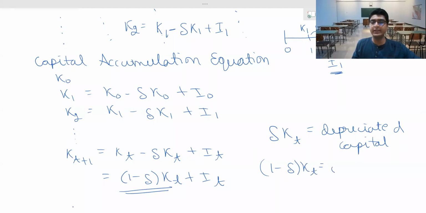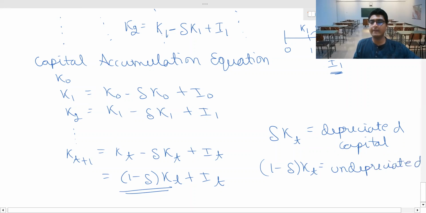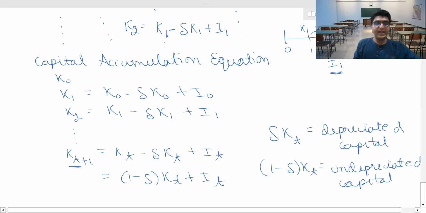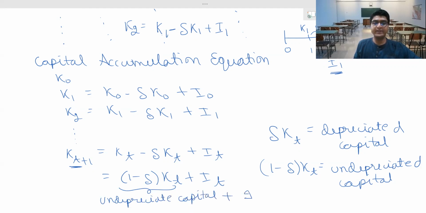It is undepreciated capital. So capital in the next period is equal to undepreciated capital plus investment.